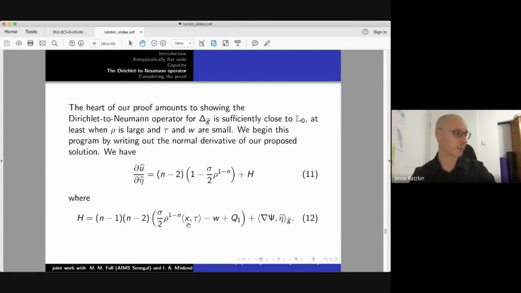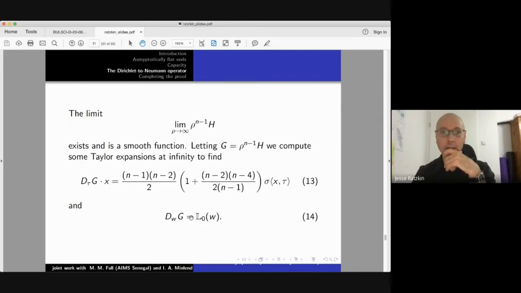I have one term which comes from the translations, which you kind of expect. I have a term which comes from W. And then I have a quadratic term, and the other term I have here is the inner product of the gradient of psi with the inward unit normal.